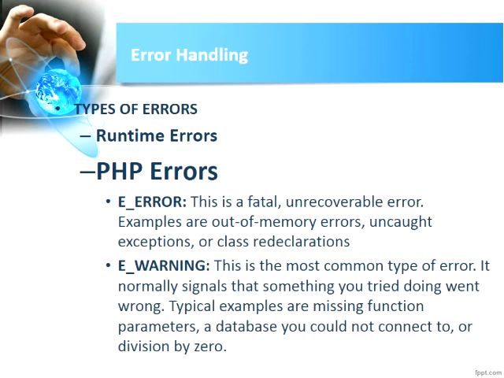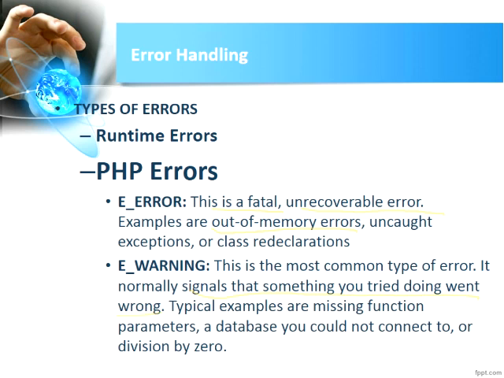For runtime errors, we can find E_ERROR and E_WARNING. The first one is a fatal and unrecoverable error, for example, an out of memory error. E_WARNING is the most common type of error. It normally signals that something you tried doing went wrong.